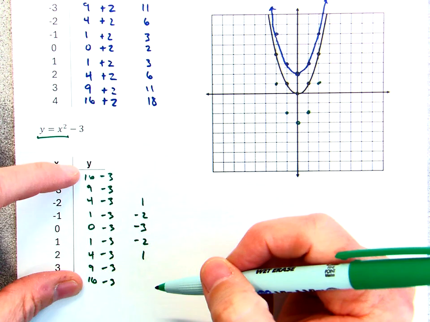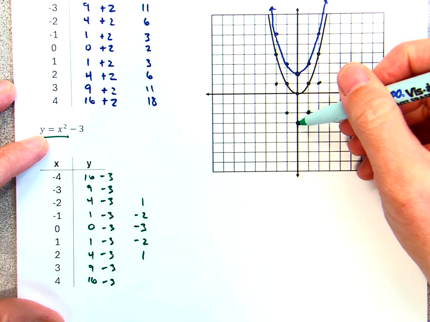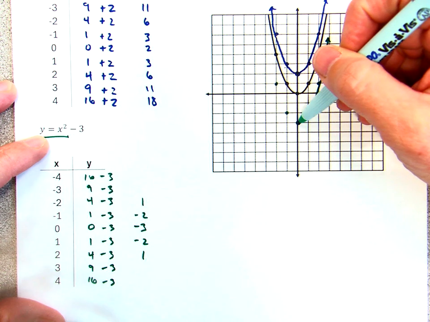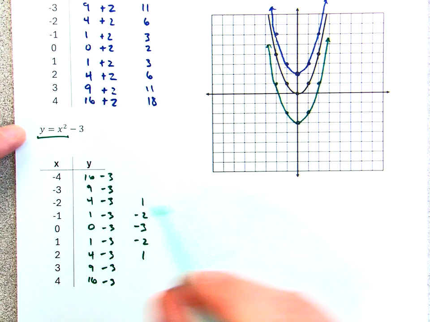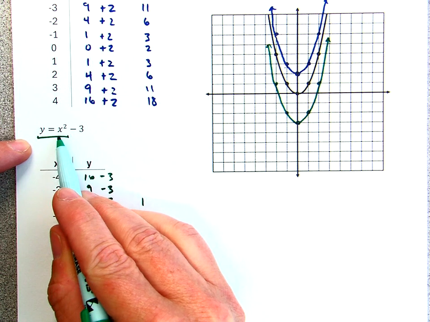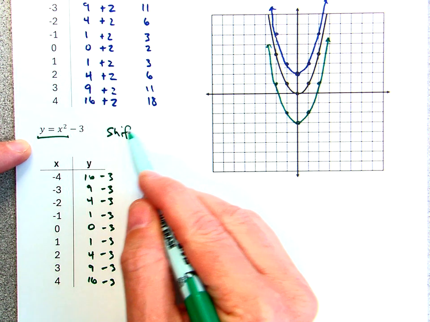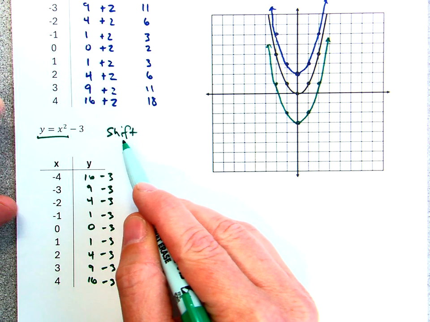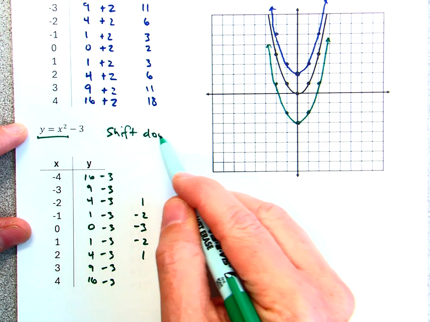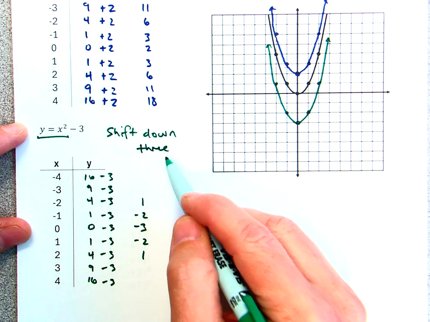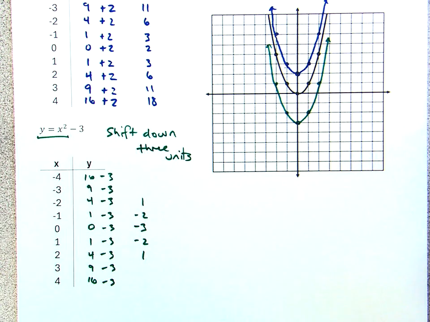And it would carry on to these larger values, but we can see that the graph just gets shifted down 3 units. Right? So if we take our y value and subtract 3, this is going to just shift it because it's not going to change the shape. So it's just a shift down 3 units. Right?